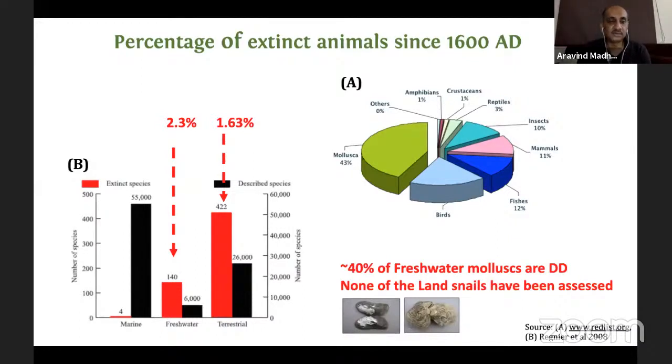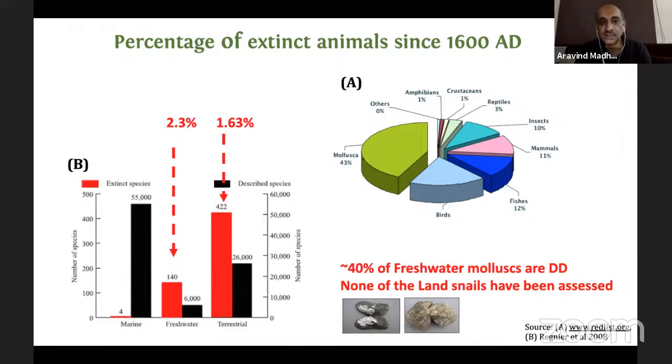And the other issue with our studies on freshwater mollusks is we don't know the current population trend. We don't have historical population trends, and we don't know the ecology or the natural history of the species. Hence, many of the species are data deficient.